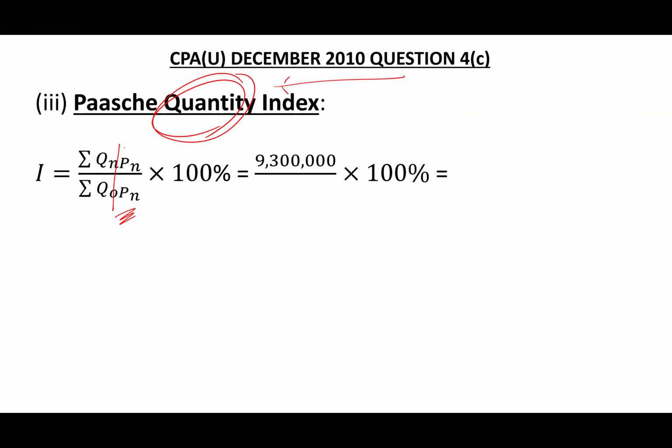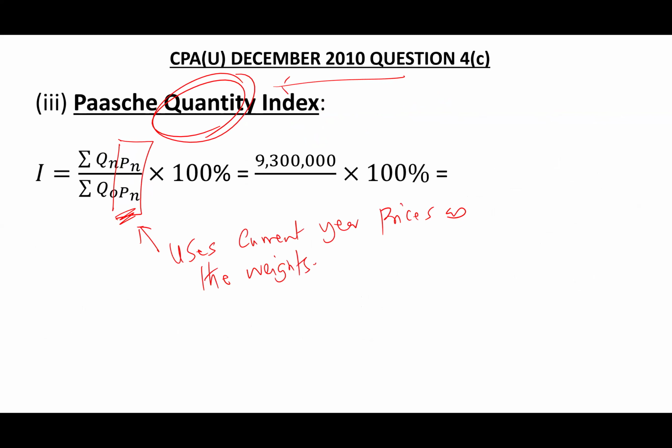Paasche quantity uses current year prices as the weights: QN PN over Q naught PN. So let us do this. Share with me in the chat what you have.